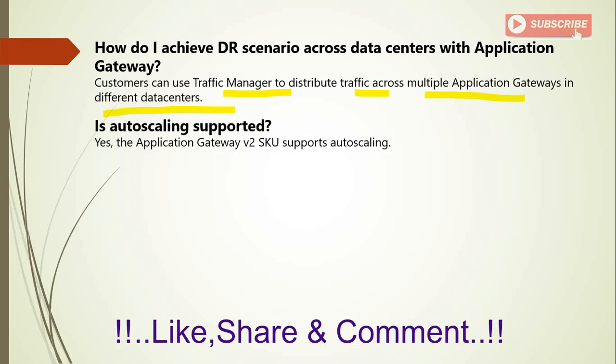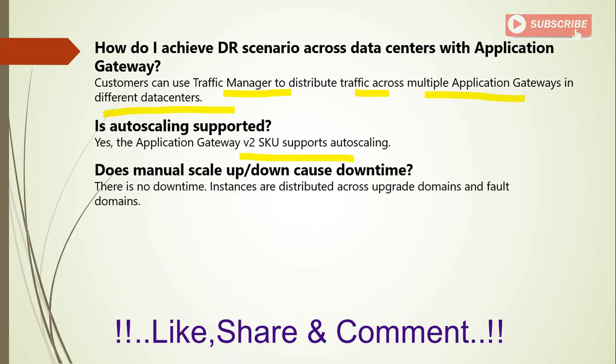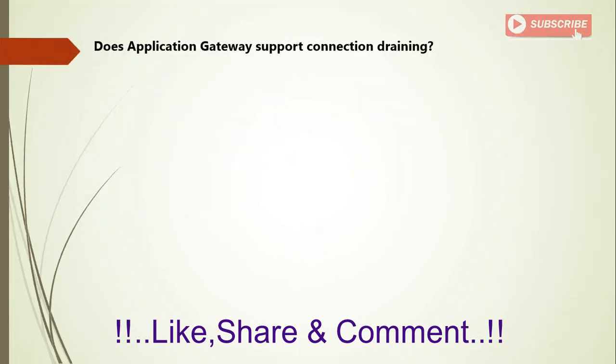Is auto scaling supported in application gateway? Yes, it is supported if you are using v2 SKU. Does manual scale up or down cause downtime? There is no downtime. Instances are distributed across upgrade domains and fault domains. Next question, does application gateway support connection draining?